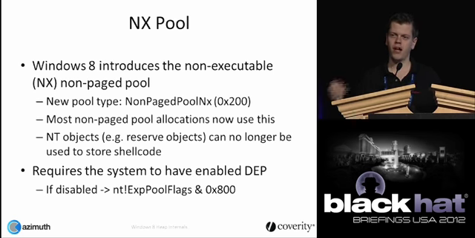If you allocate an object, you know that you can query its address through NtQuerySystemInformation, or whatever its name is, and then you can put shellcode in these objects, and you can chain them in order to create arbitrary length shellcode in kernel memory. With this, you can no longer do that. This also requires you to have DEP enabled. If DEP is disabled, the NX pool is also disabled, and this is indicated by a pool flag.